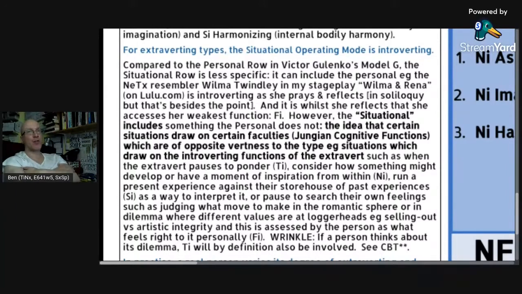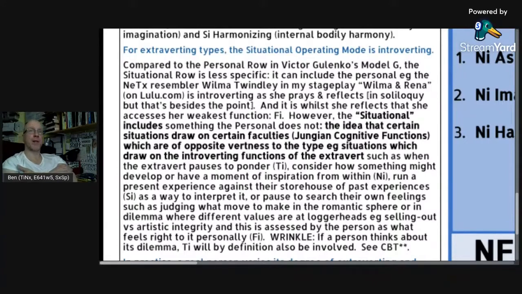The idea that certain situations draw on certain faculties, that's Jungian cognitive functions, which are of opposite vertung to the type, e.g. situations which draw on the introverting functions of the extrovert, such as when the extrovert pauses to ponder, TI, consider how something might develop or have a moment of inspiration from within, NI, run a present experience against their storehouse of past experiences, SI, as a way to interpret it, or pause to search their own feelings, such as judging what move to make in the romantic sphere, or in dilemma, where different values are at loggerheads, e.g. selling out versus artistic integrity, and this is assessed by the person as what feels right to them personally, FI.